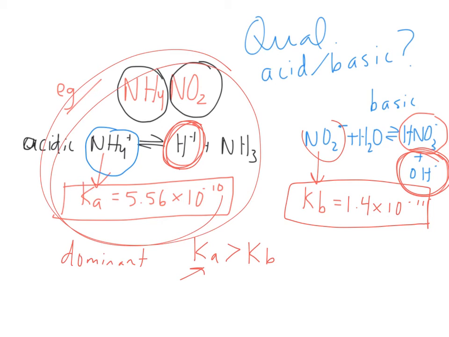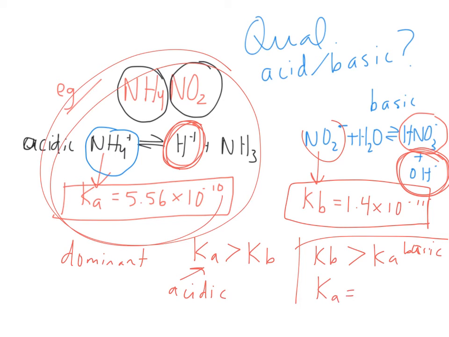So I would expect that you have an acidic solution, okay? Now this wasn't the case in this situation, but if you had a Kb that was bigger than your Ka, that's going to tell you that your Kb expression is dominant and you have a basic solution. If you have a Ka that is equal to your Kb, then I'd expect you to have a neutral or pH 7 solution, pH 7 at 25 degrees Celsius.